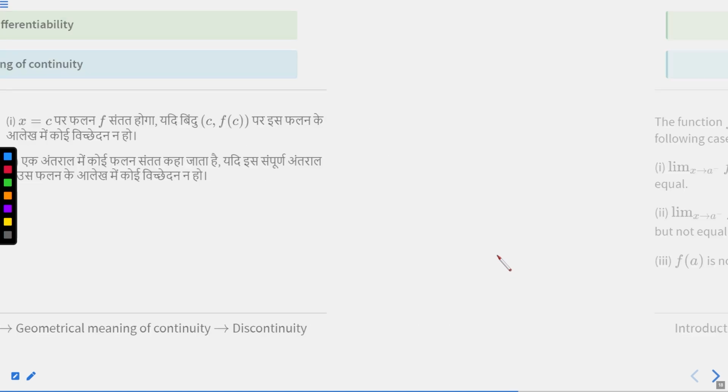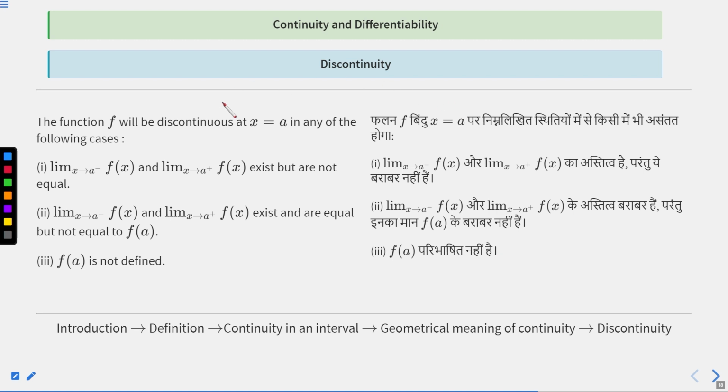Now let us move to the next. Now discontinuity, quite simple. f will be discontinuous at x equals a in any of the following cases. First, the limit as x tends to a from the left hand side and the limit as x tends to a from the right hand side exist but are not equal.